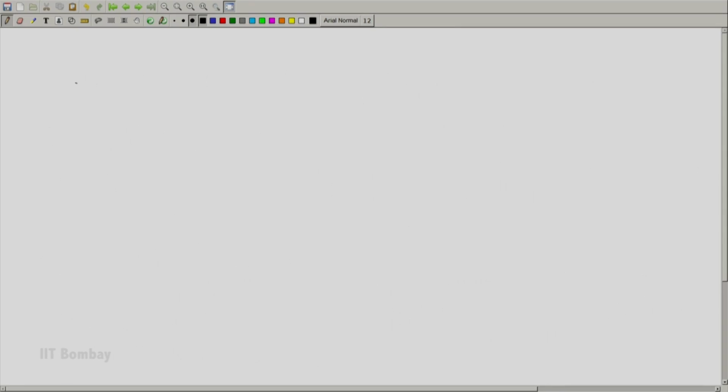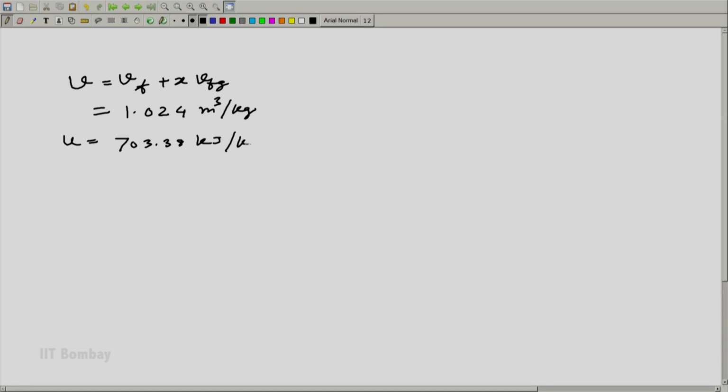Okay, let us go to the next page. So, I get V is equal to Vf plus X times Vfg. If I put these values, I will get 1.024 meter cube per kg. I get U is equal to 703.38 kilojoule per kg, and S is equal to 2.24 kilojoule per kg Kelvin.